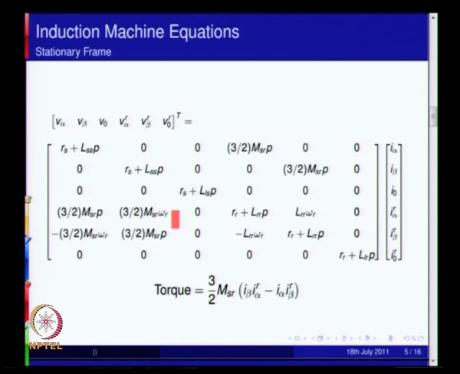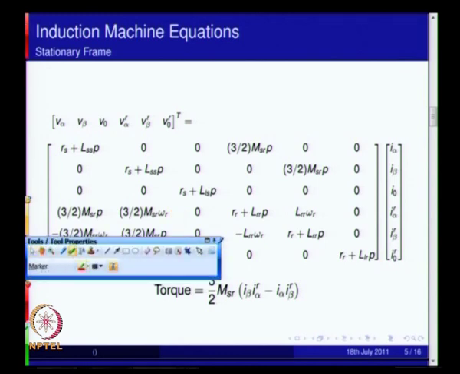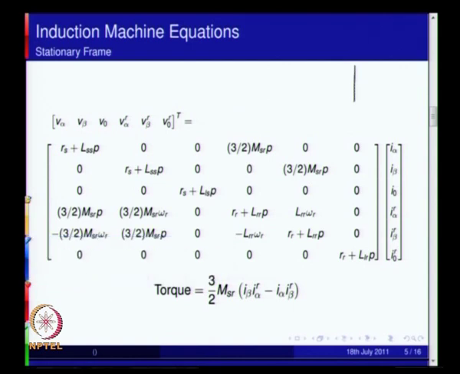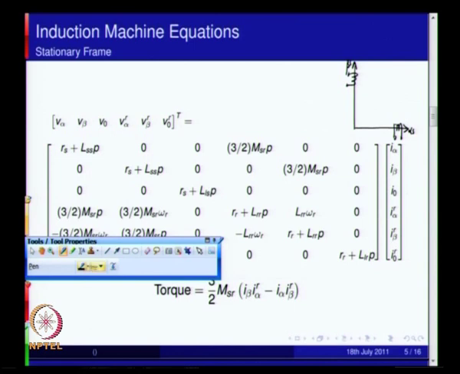This is because now what we have is the alpha s and the beta s axis, and you had the stator coils here already, and now in addition you have the rotor coils as well.